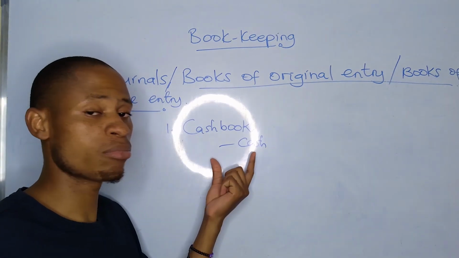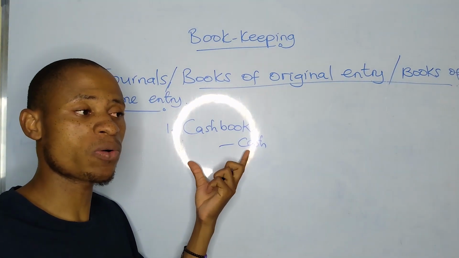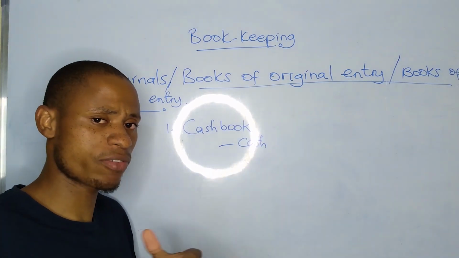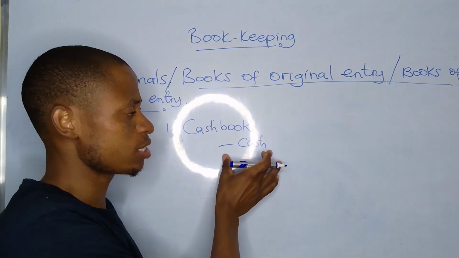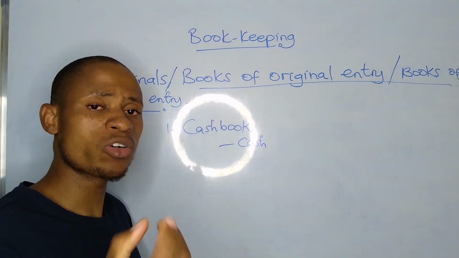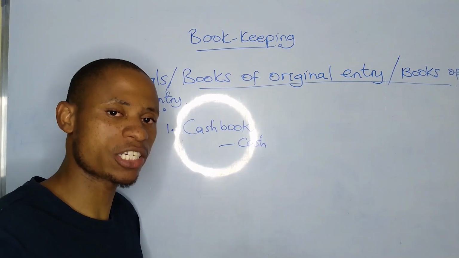A cash book is a book of prime entry and is also an account. We are going to discuss further as we move forward, but for now, you just have to know that a cash book is a book of prime entry that records all transactions related to cash.